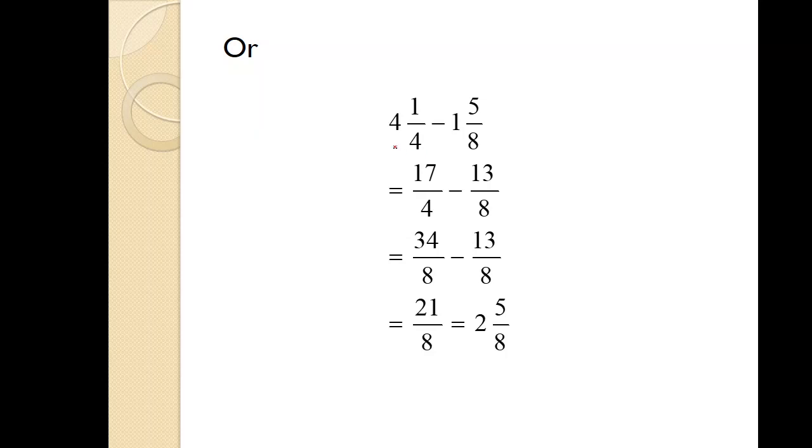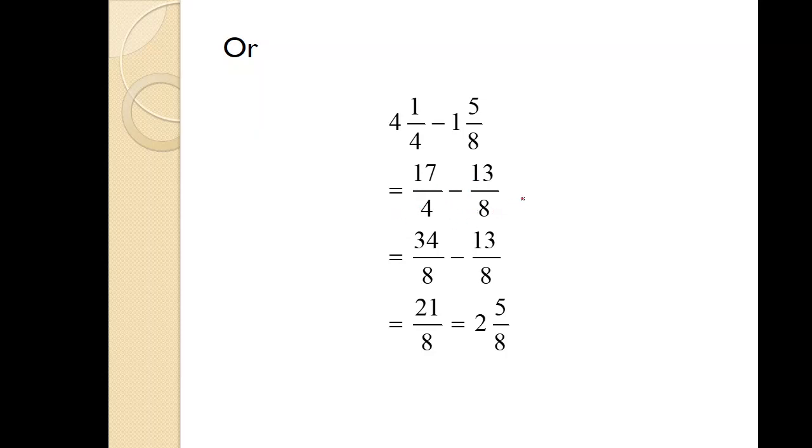So now here, if you change this to an improper fraction, you say 4 times 4 is 16 plus 1 is 17, everything over 4. You say 1 times 8 is 8, 8 plus 5 is 13 over 8.